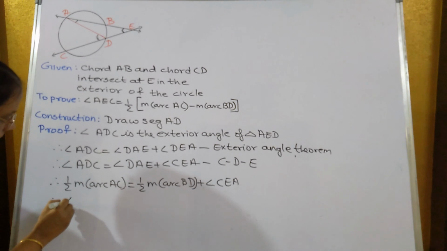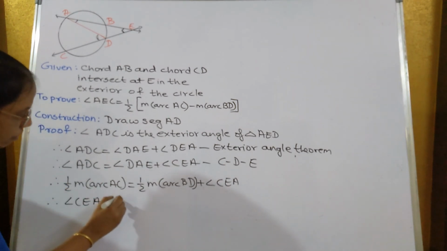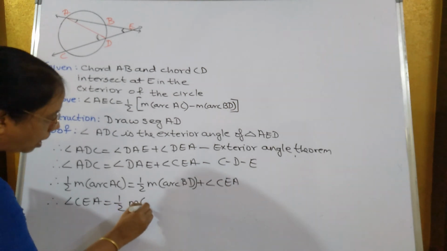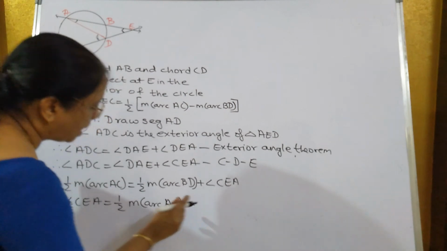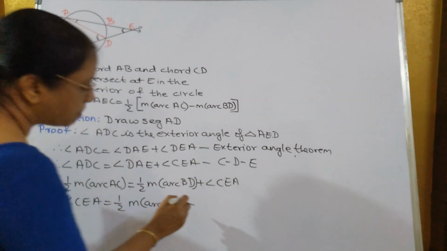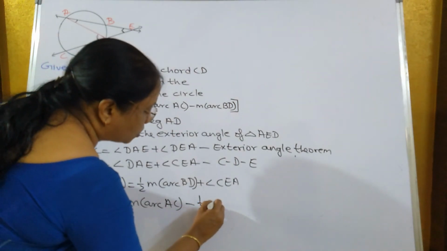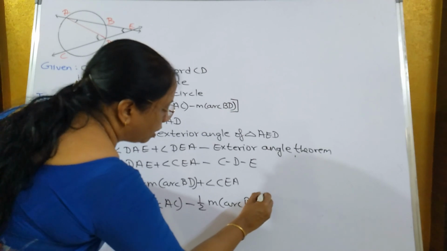Therefore angle CEA is equal to half measure arc AC minus half measure arc BD. Now take half common.